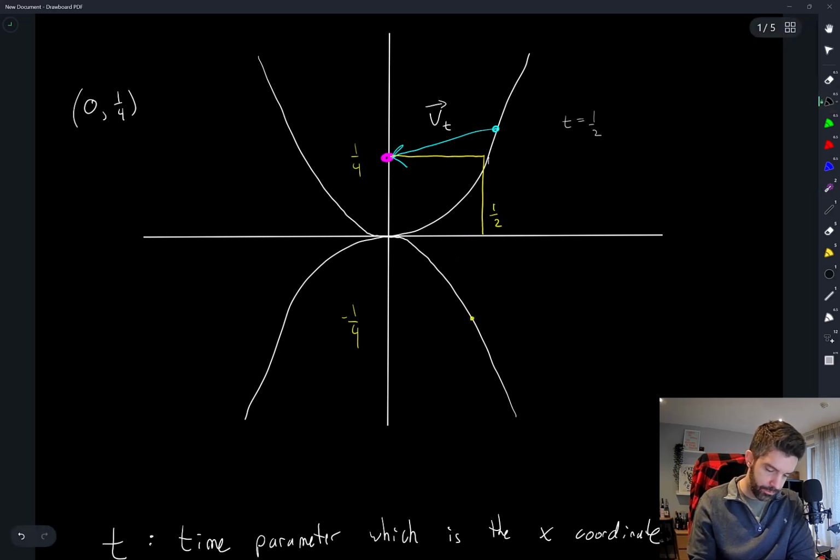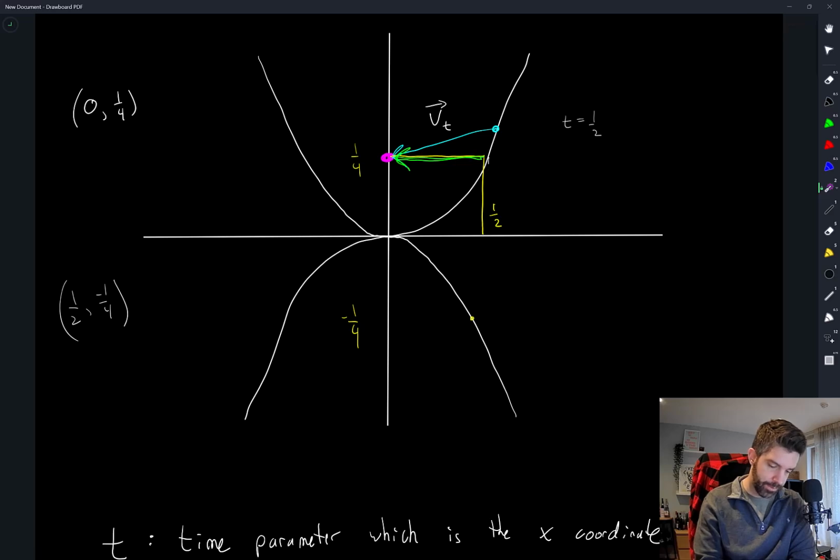So one point that's on the locus certainly is 1 over 2 comma negative 1 over 4 plus this vector pointing straight up. This vector is of a length of a half.